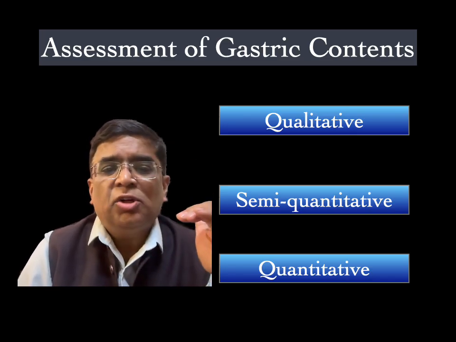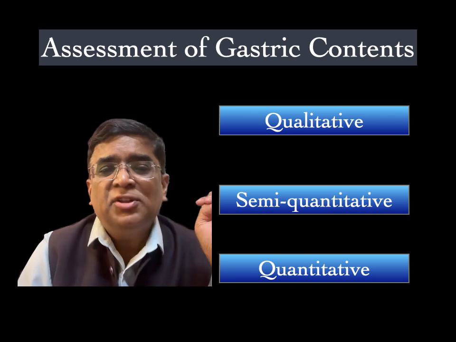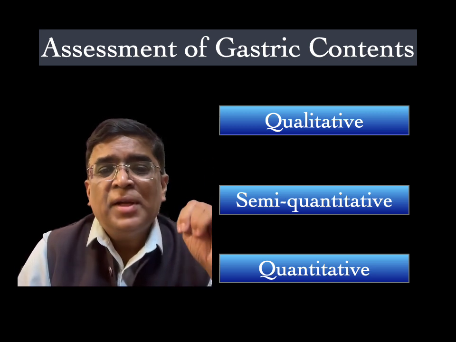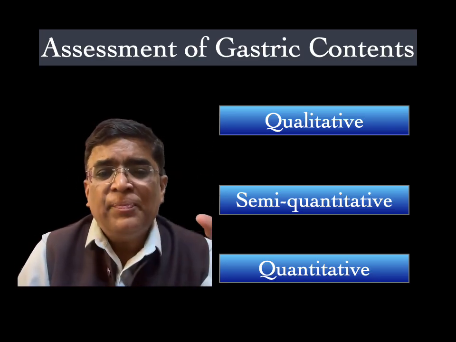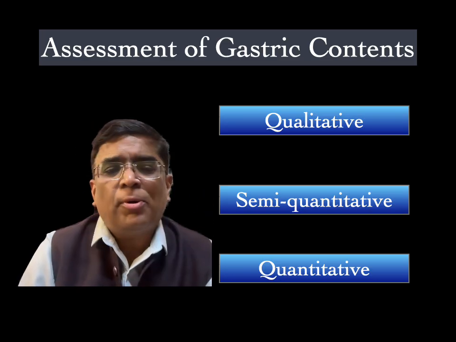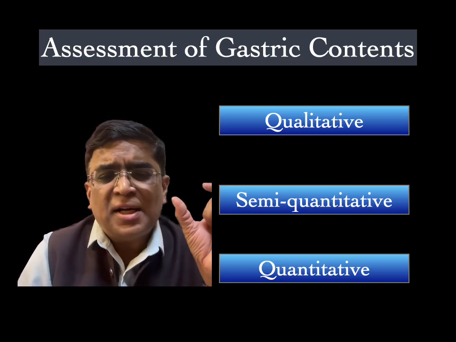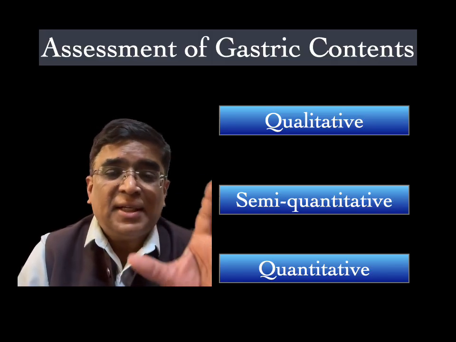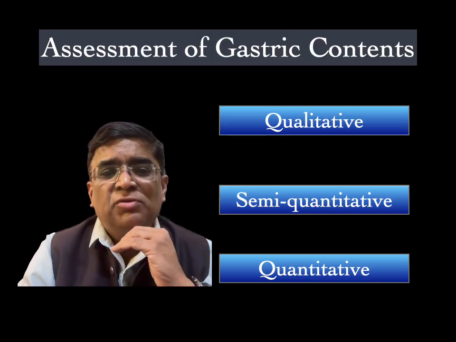Here, we want to see the stomach and say whether it is empty or has liquids or solids. Semi-quantitative does not quantify how much is there, but it is approximately full. Quantitative means we are exactly measuring the amount of residual contents in the stomach. How to do these assessments, we'll go through slowly.